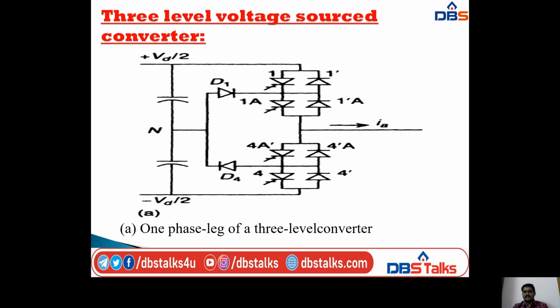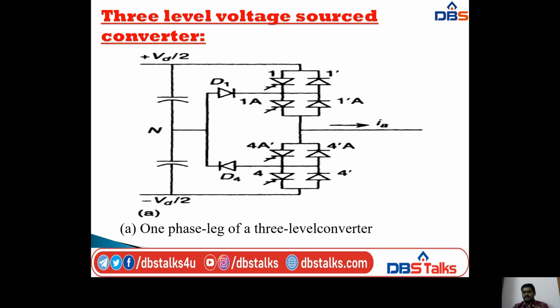If you see this diagram, we have two converters, and each converter is divided into two halves. In one half we have one thyristor and one diode, namely 1 and 1 dash. In the second half we have two components, one thyristor and one diode in parallel connection, named 1A and 1 dash A. Coming to the second converter, it is also divided into two halves.